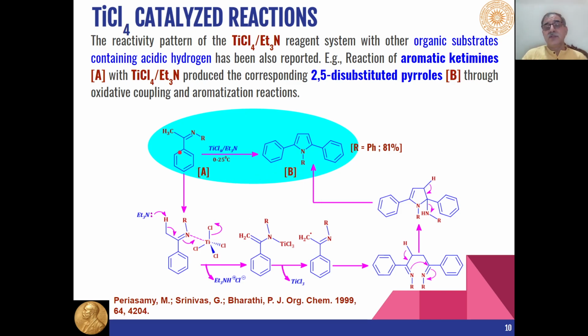As far as the mechanism of this reaction is concerned, because these hydrogens are acidic in nature, the triethylamine abstracts one of the hydrogens from here like this. With the removal of this hydrogen, this will form a carbon-carbon double bond, and this bond will coordinate with the TiCl4 with the elimination of one of the halide ions, and we will get this type of intermediate.